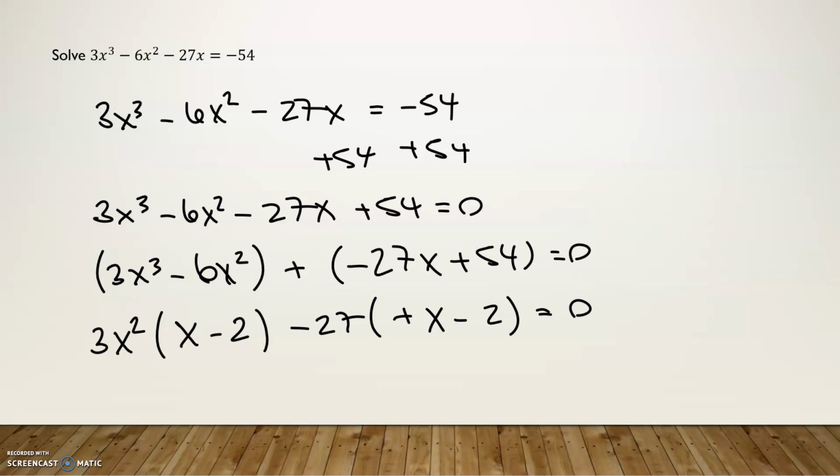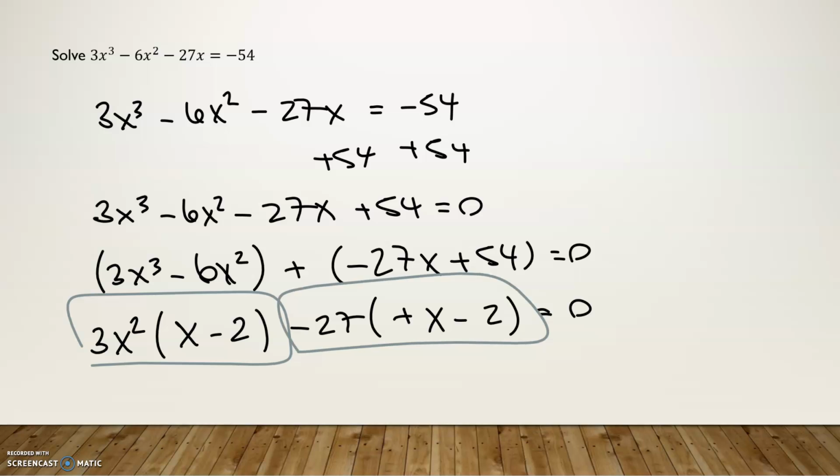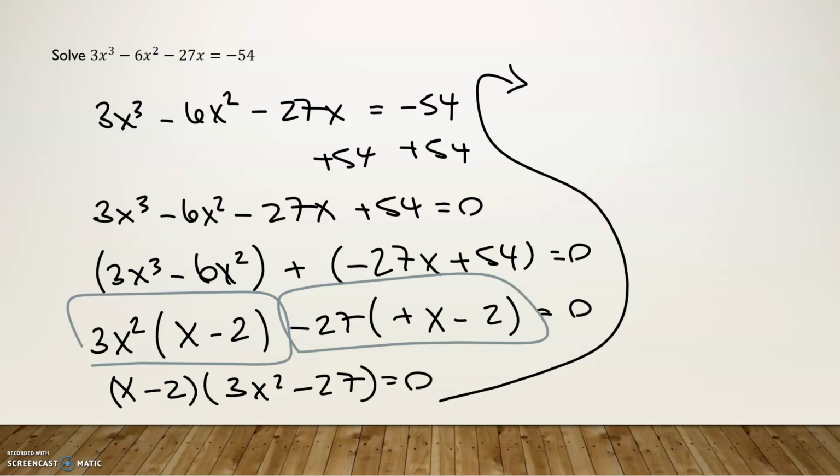So then, with this group and this group, they both have an x minus 2. So I'm going to factor out the x minus 2, and I'm left with 3x squared minus 27 equals 0. Okay, so two things multiply together equal to 0.